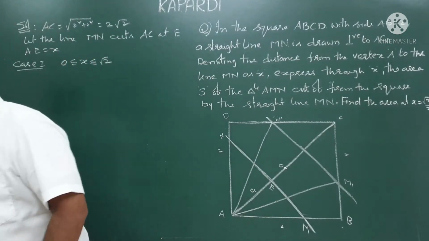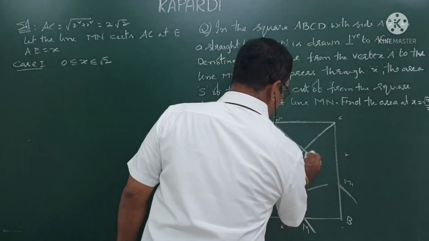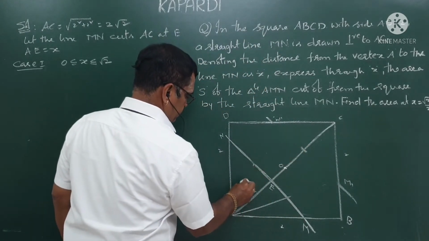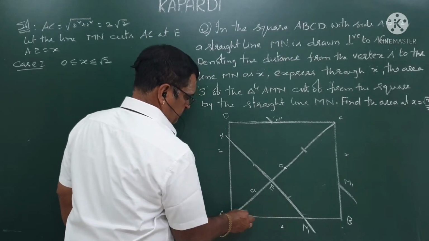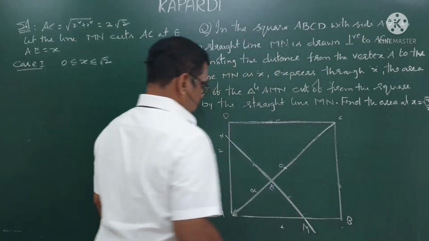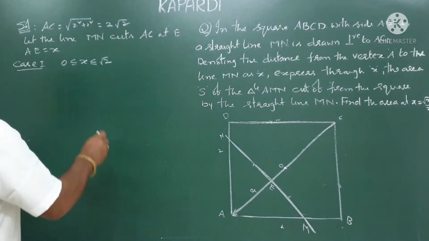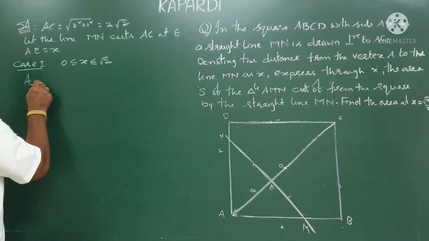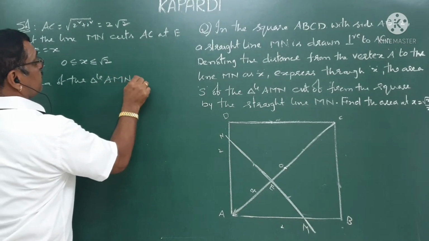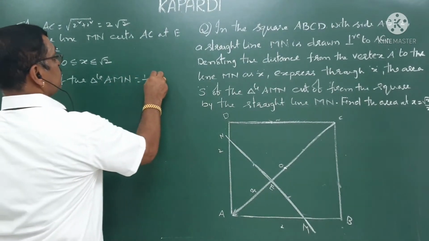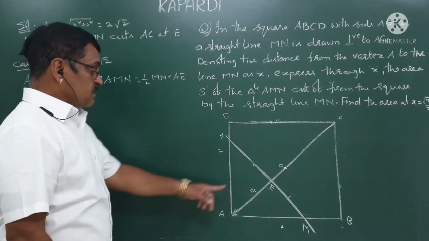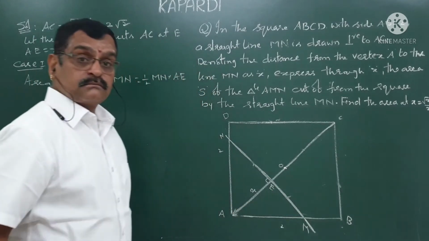For clarity, I remove the second half and first focus on triangle AMN. The area of the triangle AMN is equal to half into base, where base is MN, and height is AE. The height I already have, so I want to find MN.